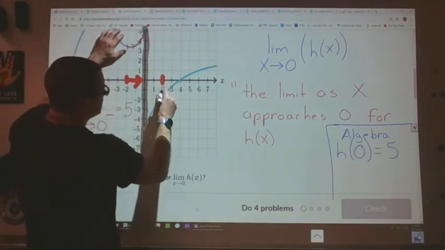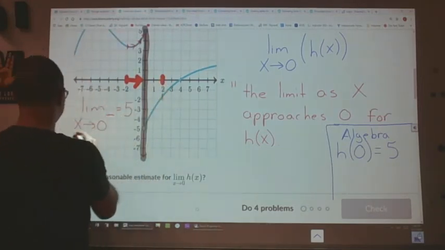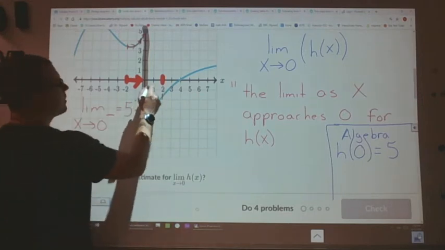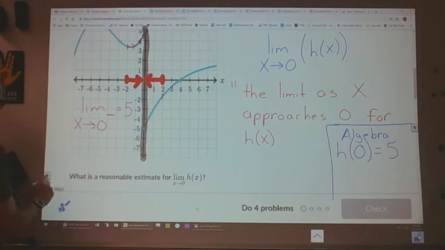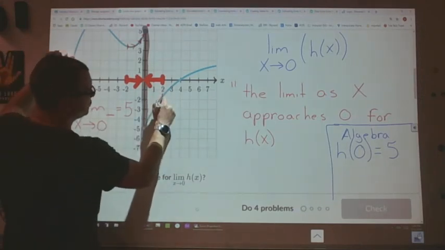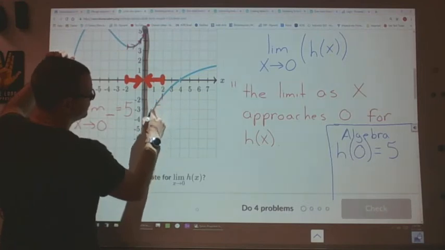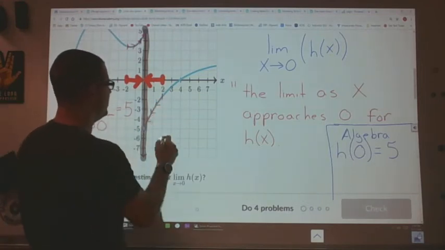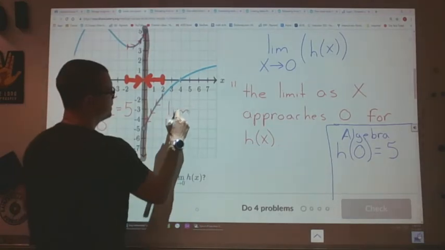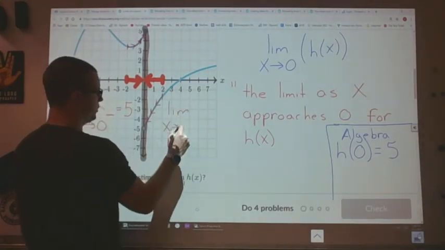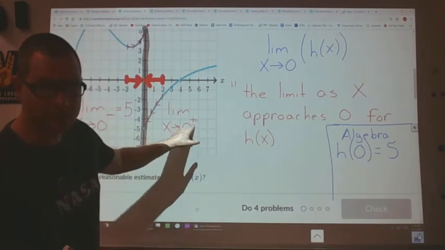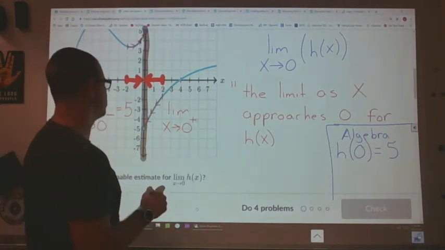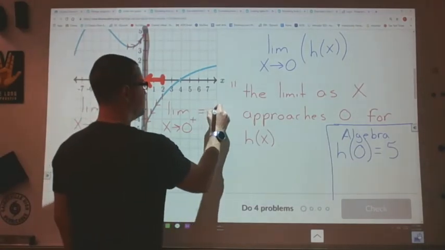On the right, as I approach that 0, so as I'm traveling along the x-axis here, you can see what's happening to my function: the closer and closer I get to 0, the more it looks like -5. The limit as x approaches 0 from the right-hand side, indicated by this superscript plus, is -5.